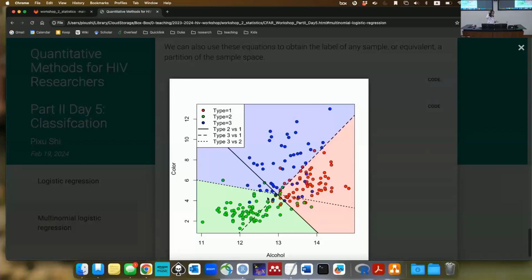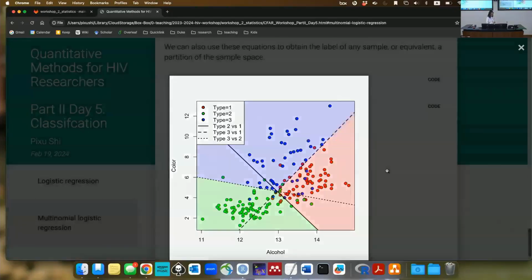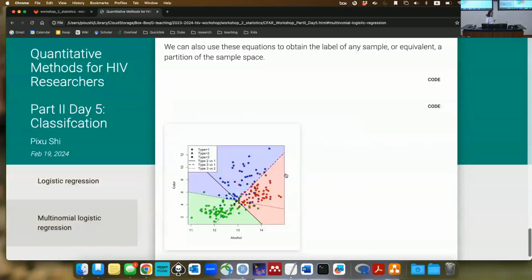Those have a natural order, and using this may not be the best option. You can still use it, but if you want a model that accounts for this order, there's a slightly different version of multinomial regression called ordinal regression, but we're not going to cover it here. Any questions?